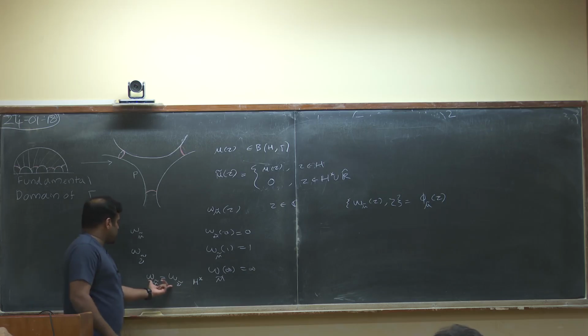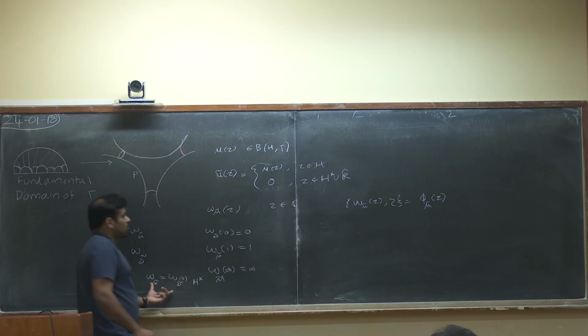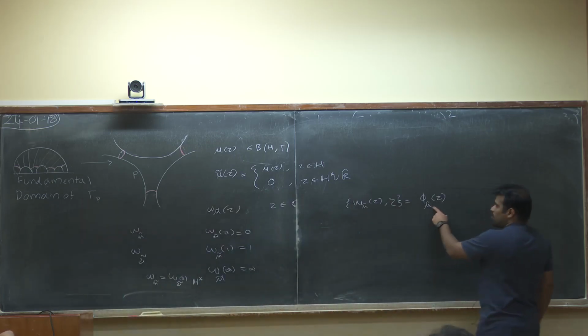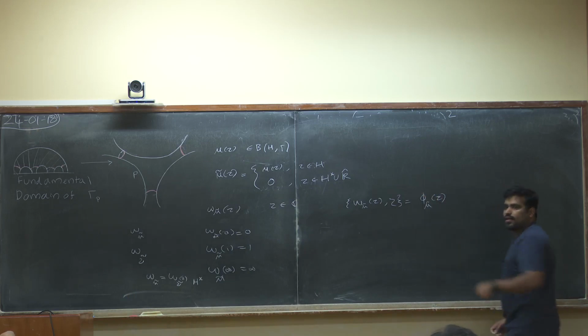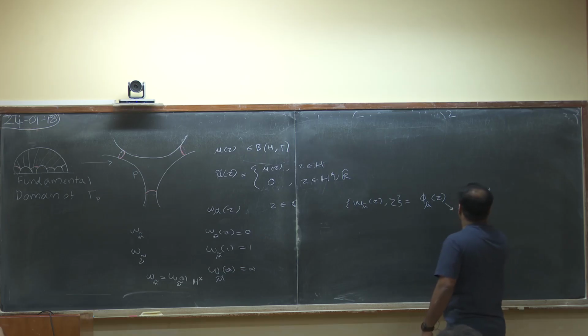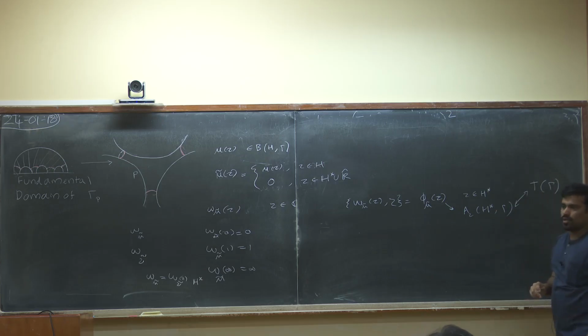Since we are computing the quasi-conformal transformation on the lower half plane, the Schwarzian will provide a one-to-one map between the complex structure and the quadratic differentials. So here c belongs to H star. All such possibilities provide you this space A2 of H star and gamma, and then we identified this space with the space of quadratic differentials defined on the lower half plane, and with the Teichmuller space of the Fuchsian model.